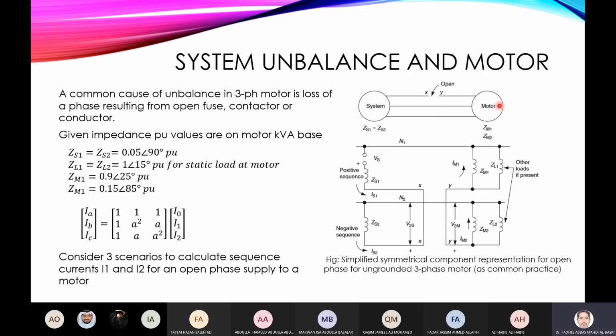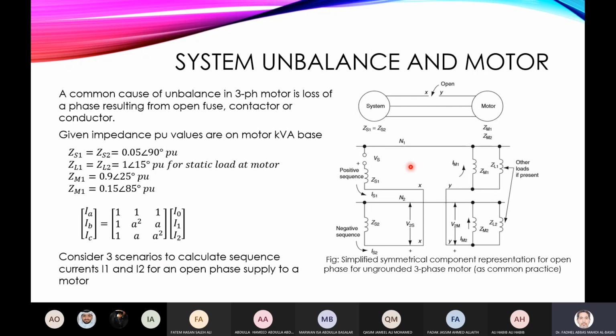Normally, motors are not grounded, whether star or delta connected, or even if star, not grounded. This is a common practice in motors, and because of this, the zero sequence network will not be present.